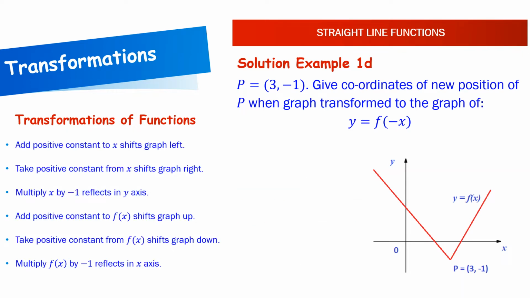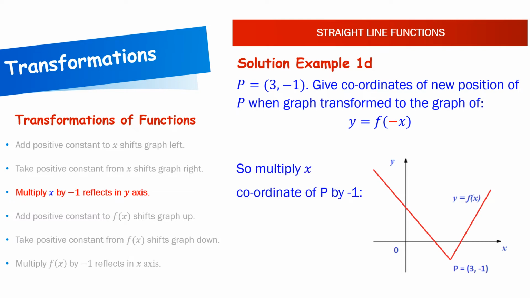Now let's have a go at example 1d. Again, P equals 3, -1. We are required to give the coordinates of the new position of P when the graph is transformed to the graph of y equals f of minus x. So since we're multiplying x by minus 1, the function reflects in the y-axis.